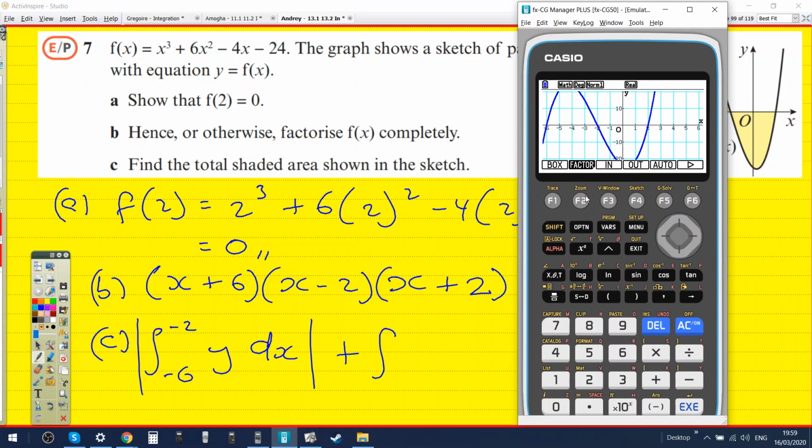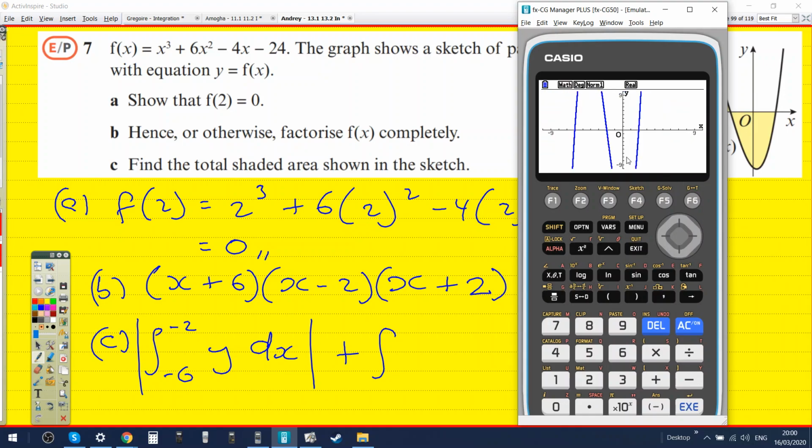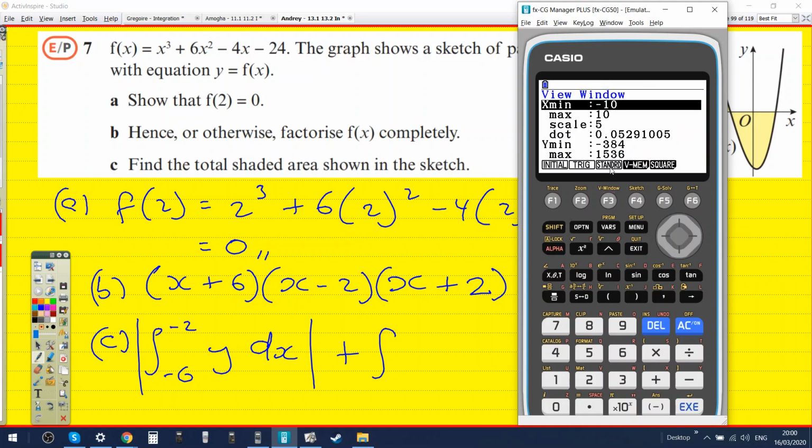Let me just zoom: shift view window standard, draw. Oh, it's even worse. Shift zoom auto. No, shift zoom, shift view window. Why? Initial? No, let's go standard.